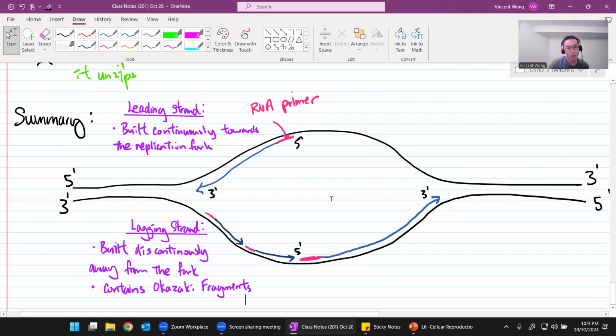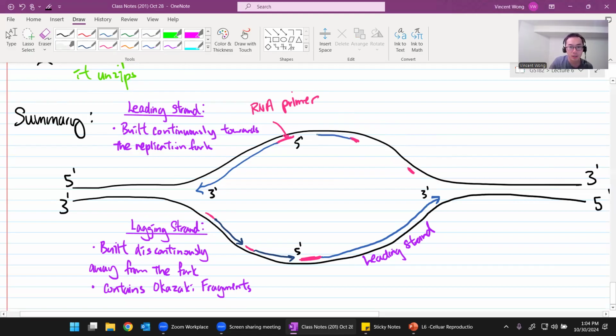Now, if you follow along, you can see the left side here is the lagging strand. However, on the other side of the bubble, this continues to grow into the fork, and actually this piece is being built continuously, isn't it? So on the other side of the bubble, this is actually the leading strand. Whereas now, as you expose more and more nucleotides on the right side of the bubble, you're going to need to have another primer and another primer.